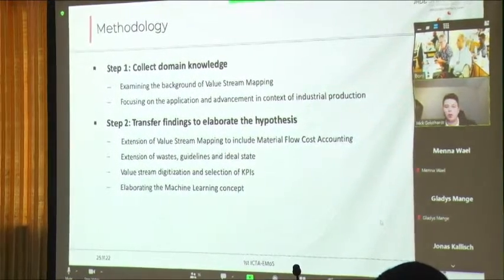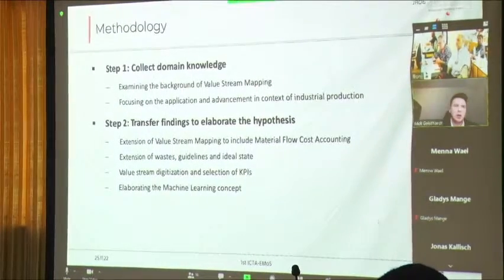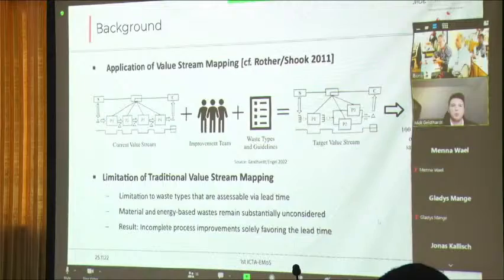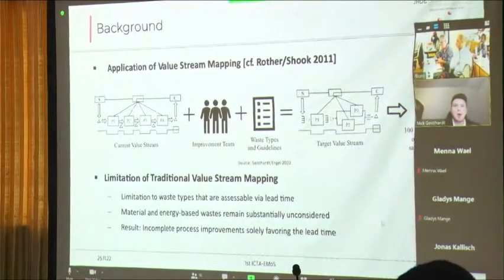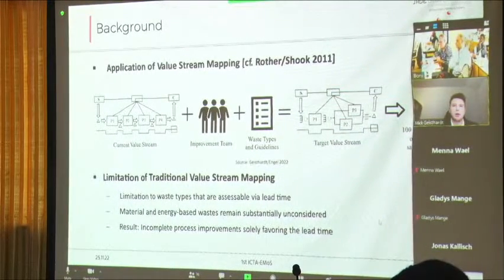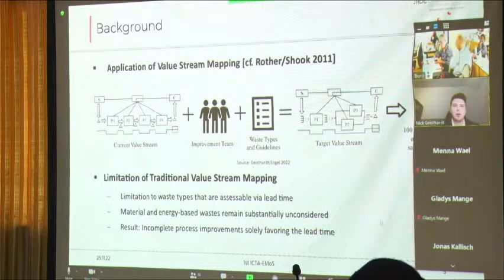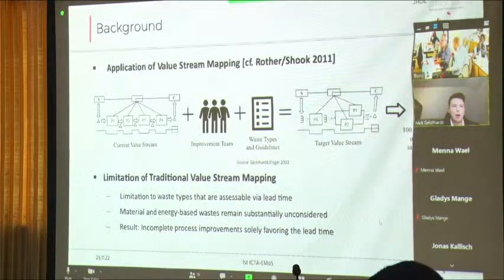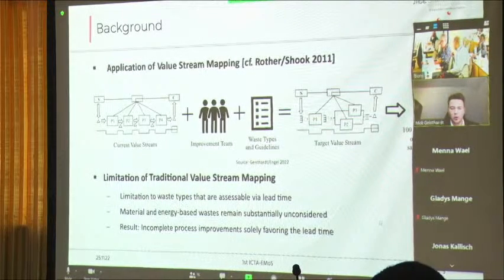So now let me give you a quick insight into the background of value stream mapping. Basically, value stream mapping, invented by my co-author John Shook, is performed by an improvement team, often by lean managers. Initially, the current value stream is mapped.